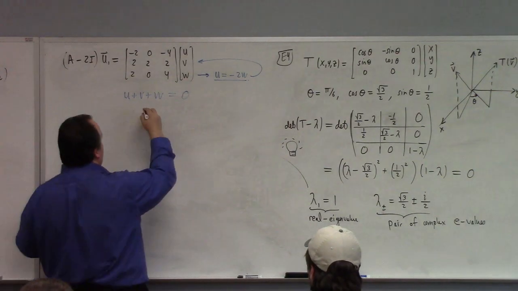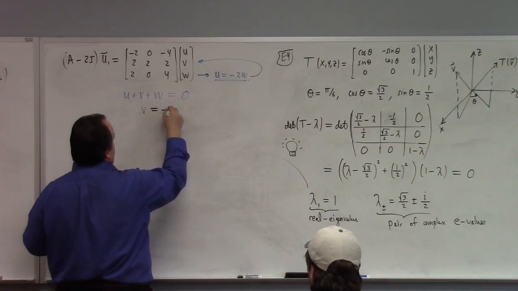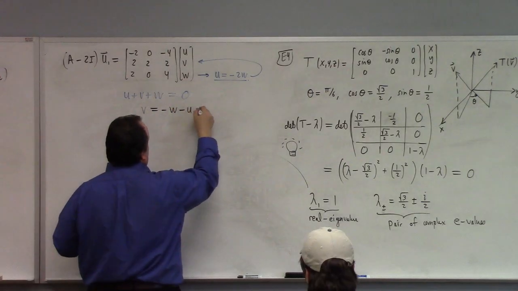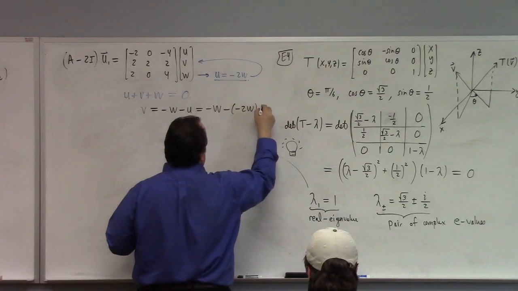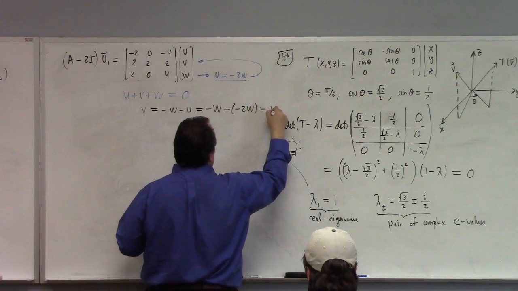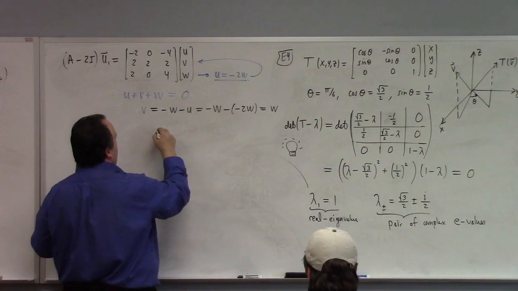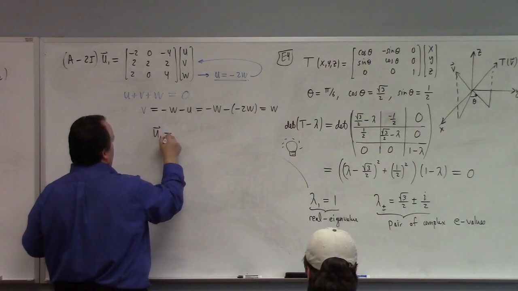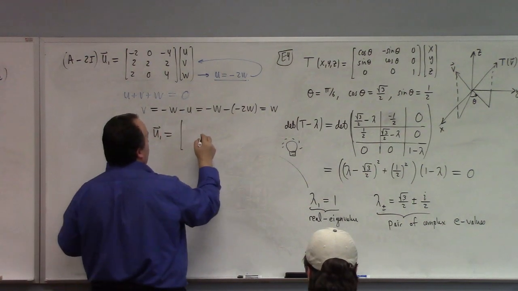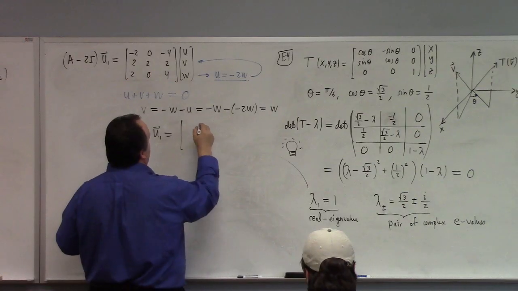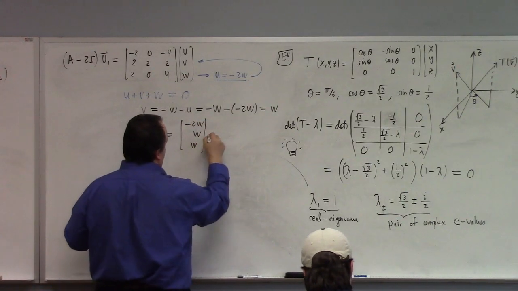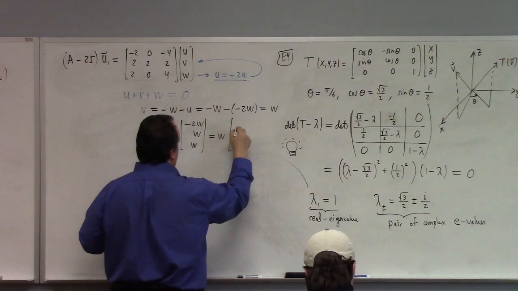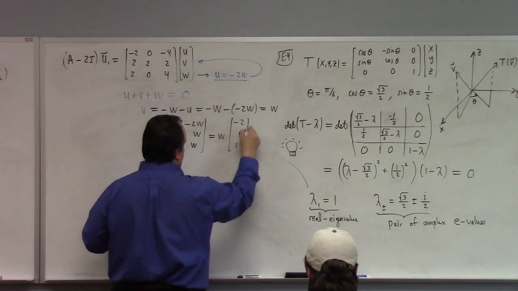And this tells me that v is minus w minus u, which is, by the way, minus w minus parentheses minus 2w, also known as w. So apparently, my u1 vector has the form minus 2w, w, w. Or if you like, w times minus 2, 1, 1.